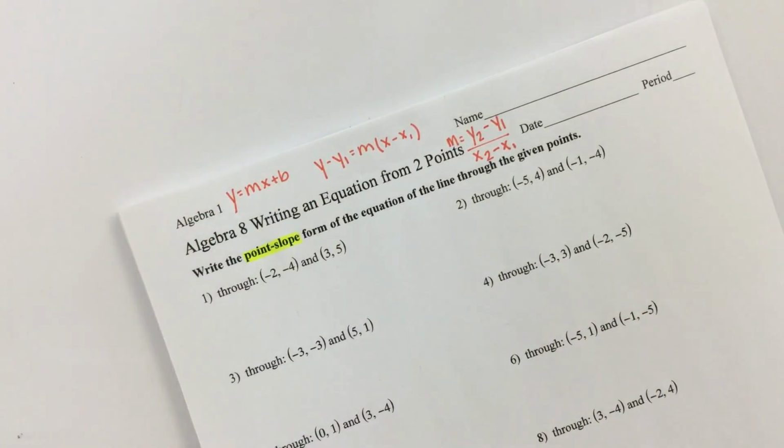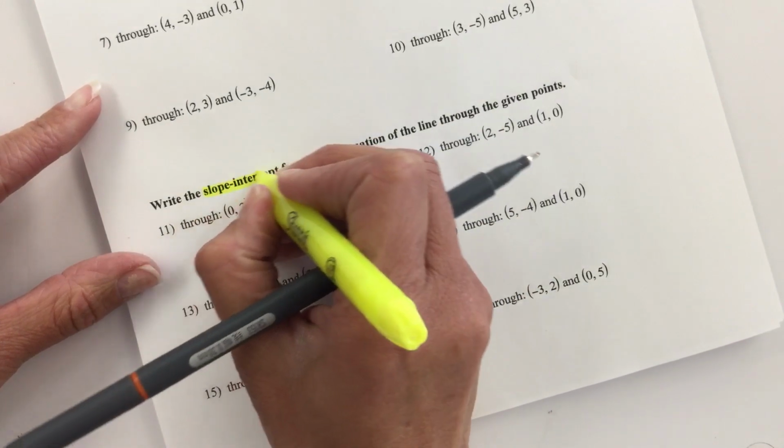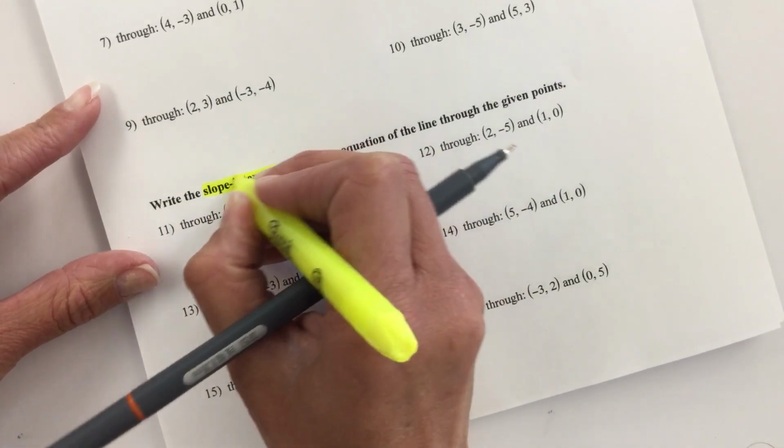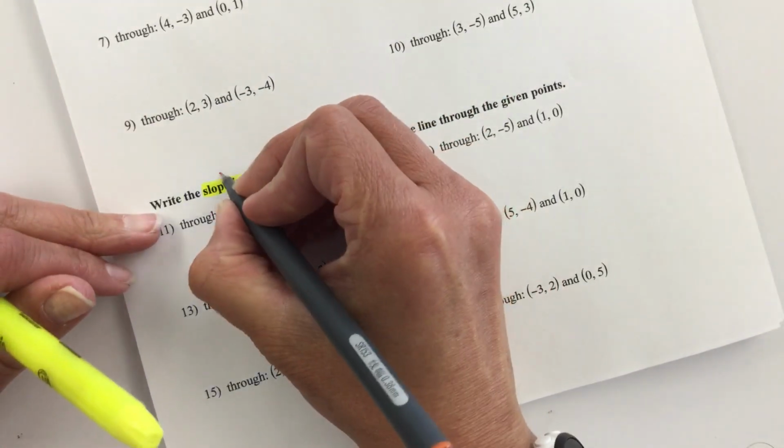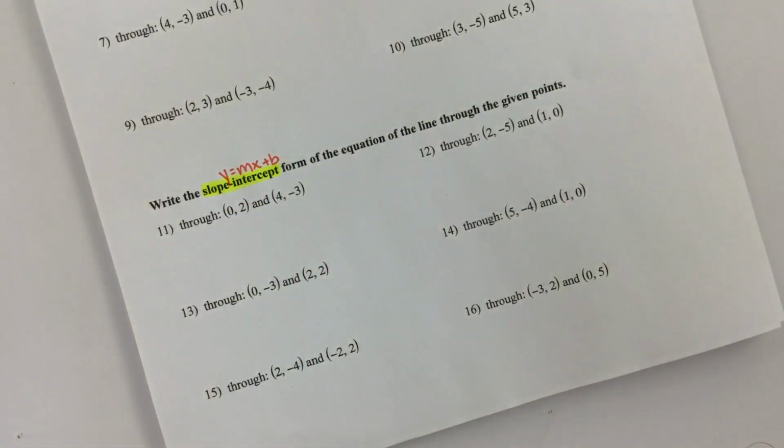In the second set of problems, you need to write it in slope-intercept form. So this is the y equals mx plus b form. So as a little gift, I'm going to do a couple of these together with you.